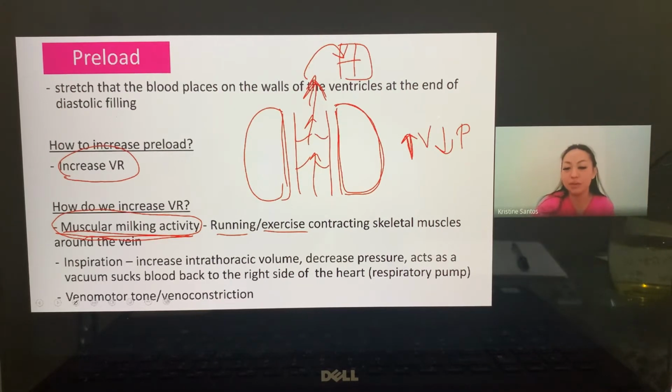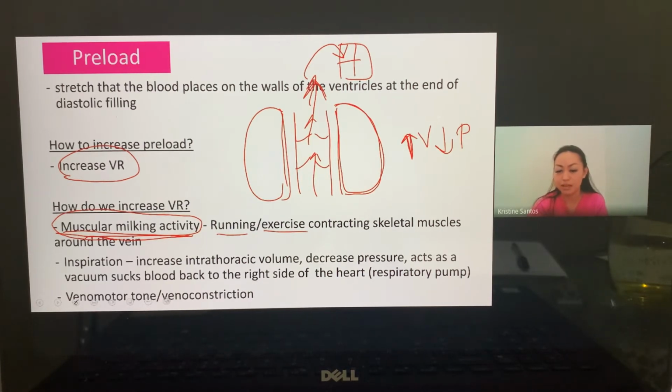Similarly with the veins, if you venoconstrict those veins, the inferior and superior vena cava and the smaller veins, you're trying to propel blood back to the right side of the heart. You're squeezing those veins for blood to go back into the right side of the heart. So this increases venous return, and this is going to increase preload as well.